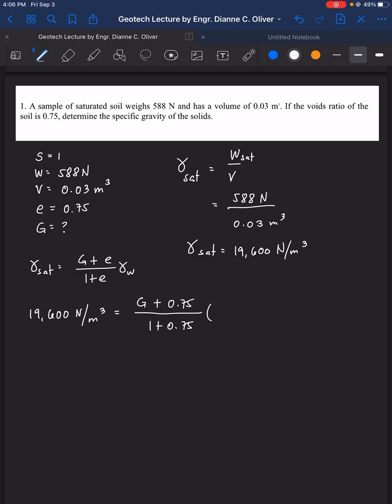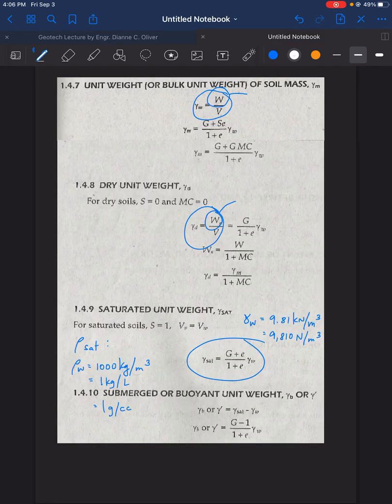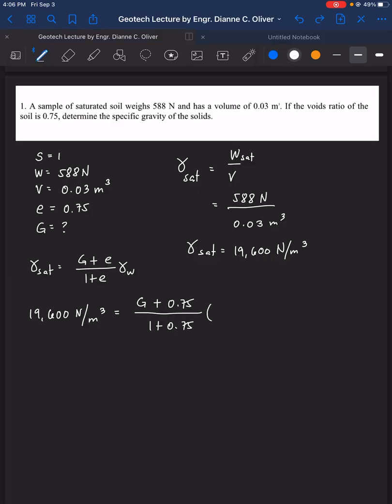Then gamma of water is, since Newton per cubic meter is used here, we will use Newton per cubic meter also. So we have 9,810 Newton per cubic meter.